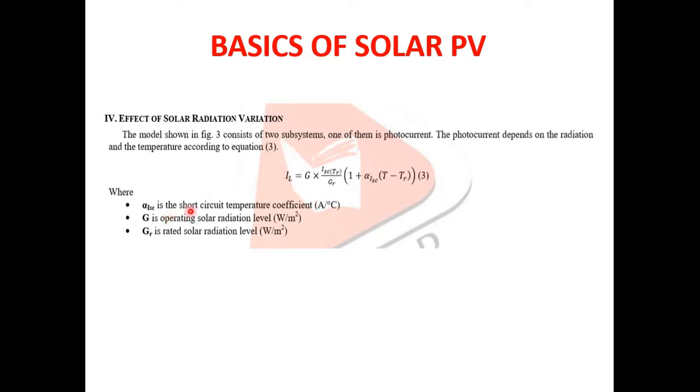Alpha ISC is the short circuit temperature coefficient, and its unit is ampere per degree Celsius. G is the operating solar radiation level in watt per meter square, and GR is the rated solar radiation level, again in watt per meter square. So G is the actual operating solar radiation and GR is the rated solar radiation level for the particular solar cell.